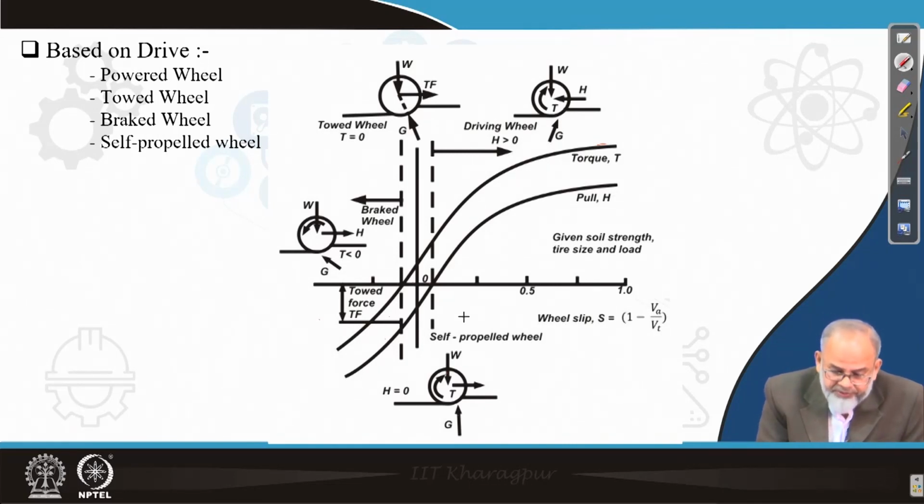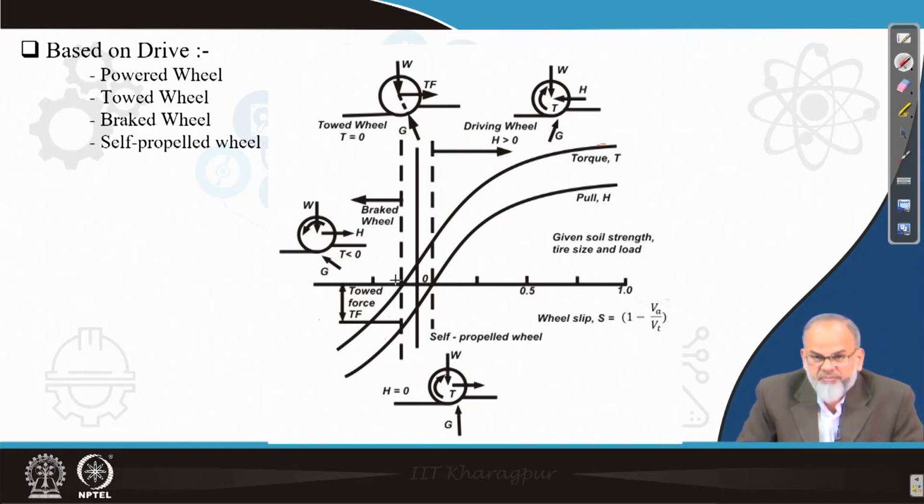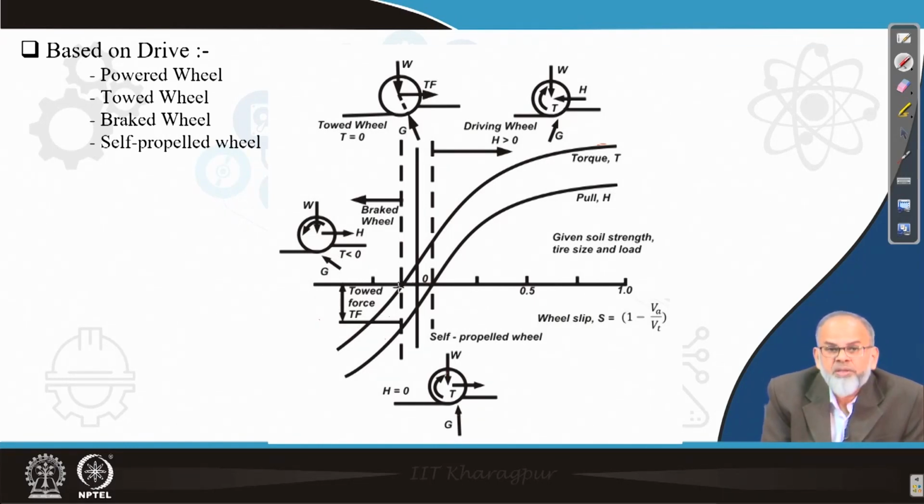Now the other condition which I will indicate is this point where torque is equal to 0. That condition refers to the towed wheel. Towed wheel means there is no torque, only weight is acting, and the soil reaction, look at its orientation. It is no more vertical, it is inclined and passing through the center line of the wheel, and this towing force is the force required to roll the wheel.